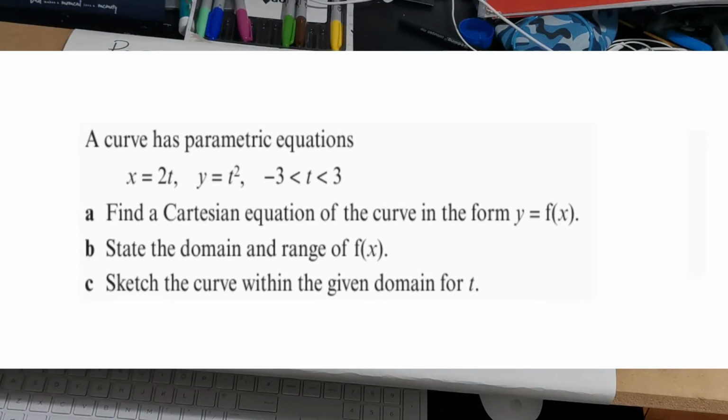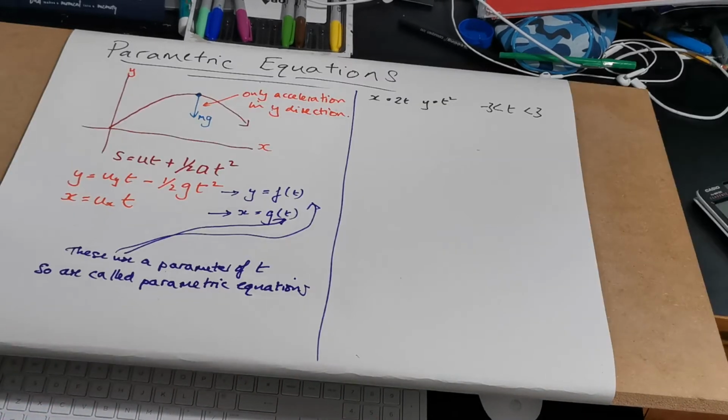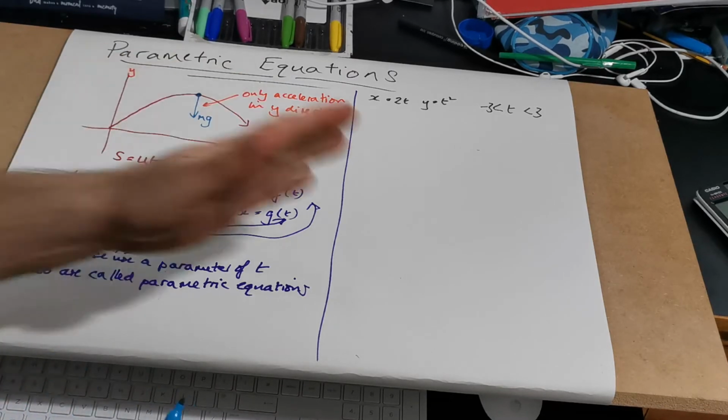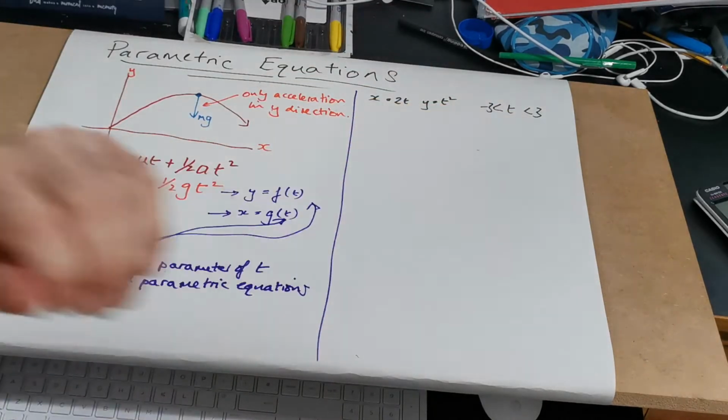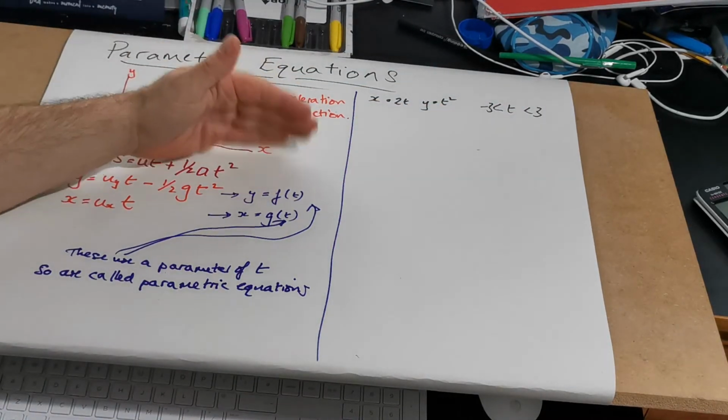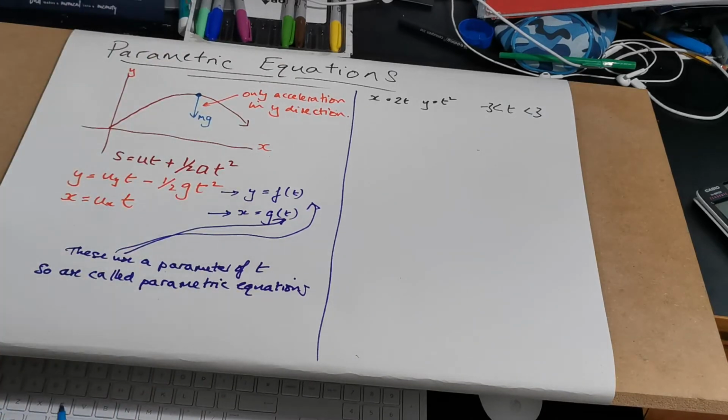It says, for a start, find the Cartesian equation of the curve in the form of y equals f(x). So I want y equals something to do with x. Cartesian is the opposite to a parametric; it's what you normally use in the x and y axes, developed by René Descartes.